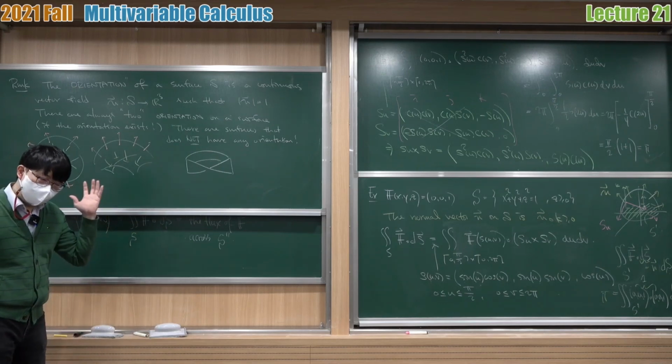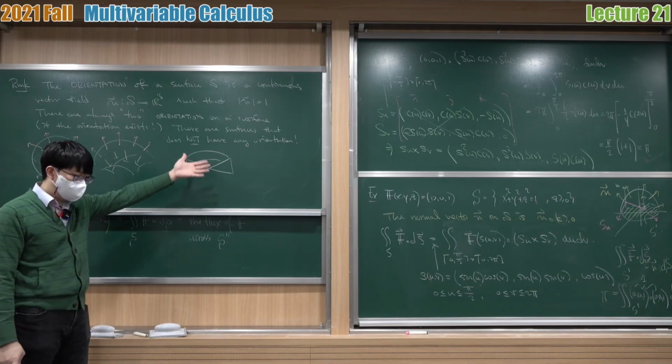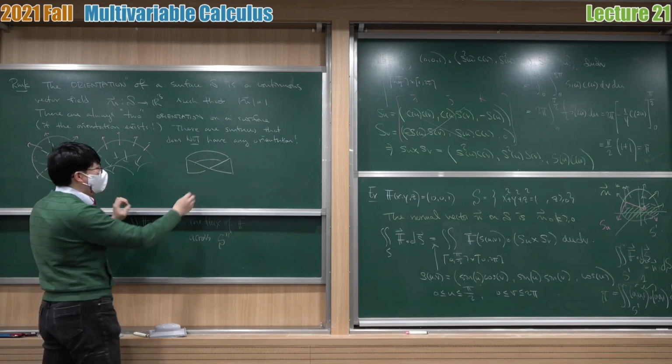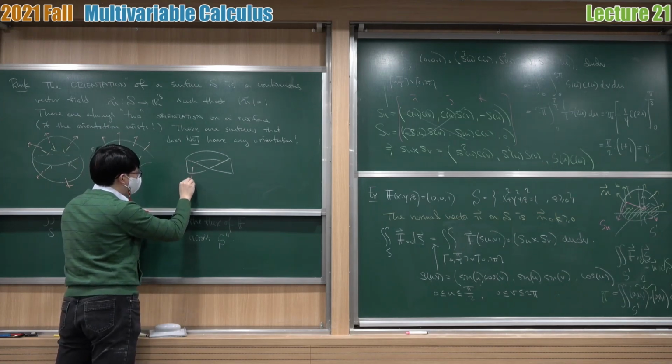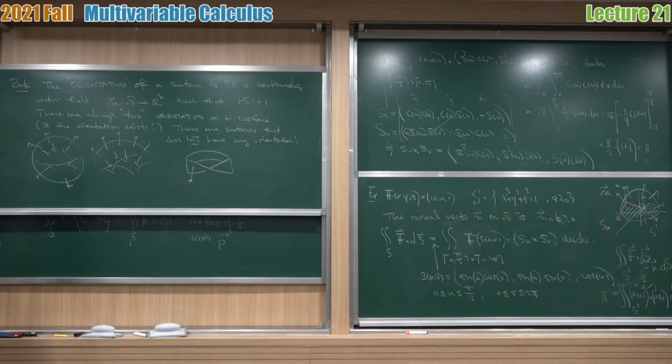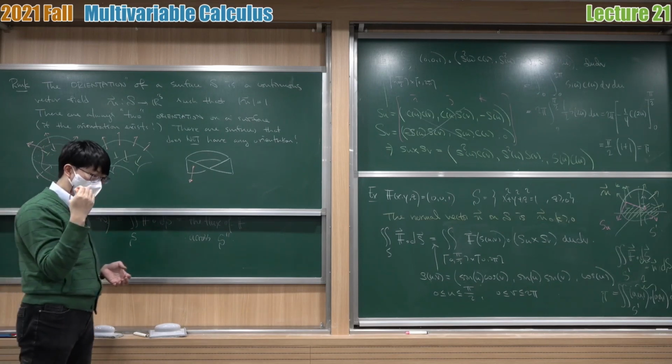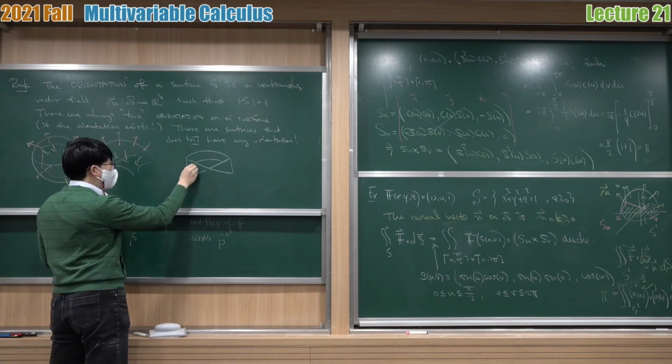So this kind of surface is called a non-orientable surface, and why is this non-orientable? Think about you choose one orientation. This orientation has to be continuous, which means that if you move your orientation along any curve on a surface, you should find the same orientation when you come back to the original point. So think about a point in a Möbius band and put a normal direction there.